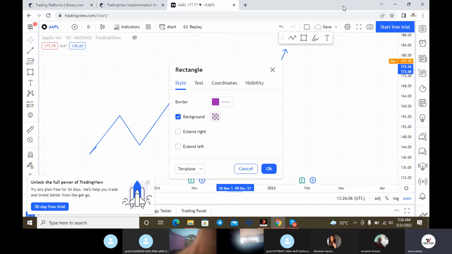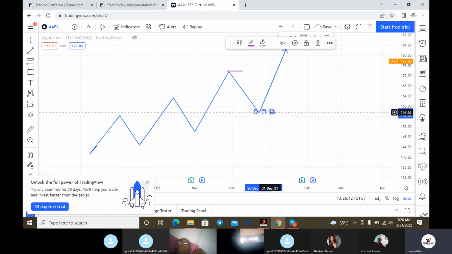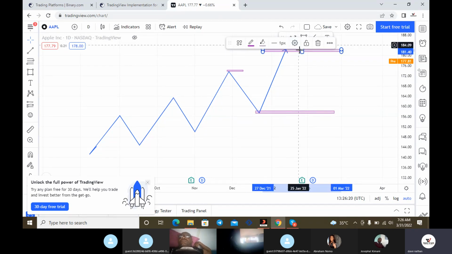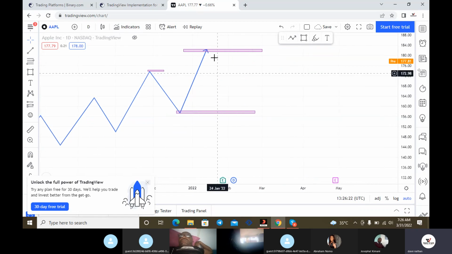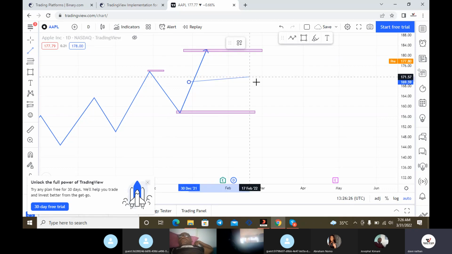What I mean by that is, for example, you want to take a buy trade, and then you see other blocks at the equilibrium, that is the midpoint from here to this point. So from this point to this point, let's say our order block was sitting at the middle.